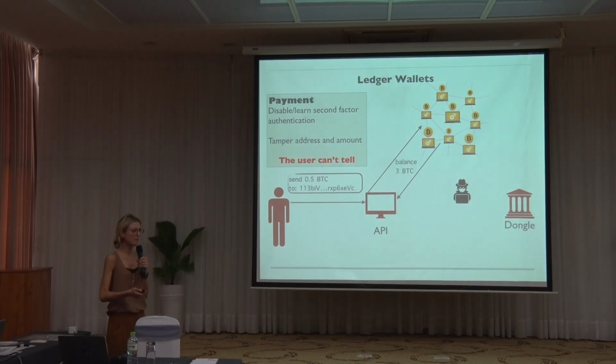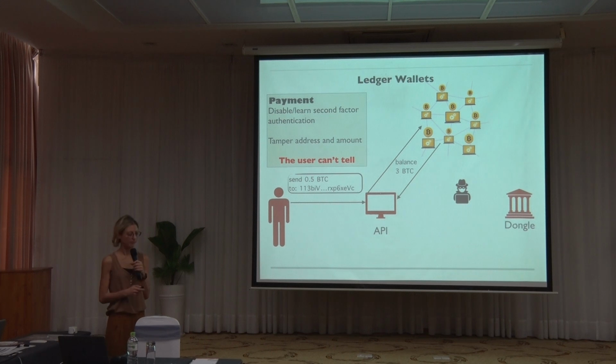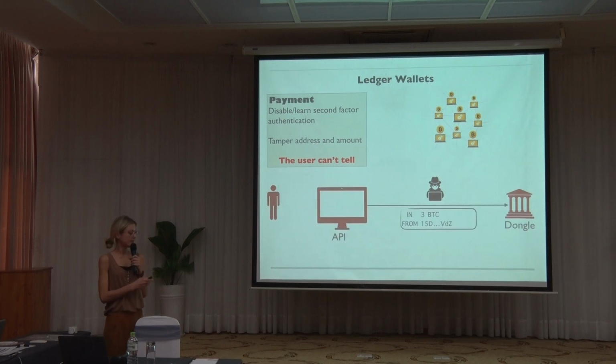Now, let's steal the money. The user sends a request to do this payment. He would like to send half a Bitcoin to this address. The API checks with the network to see whether the user has the available funds, sees that yes, he does, and sends the inputs to the adversary.